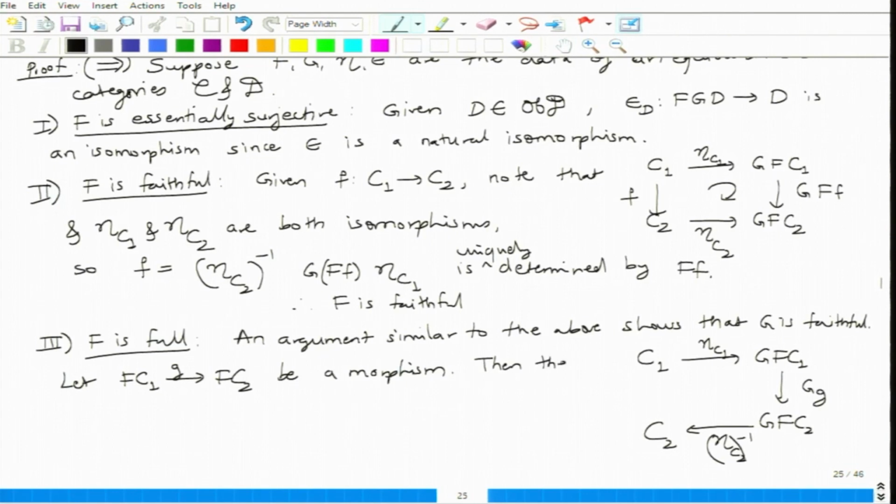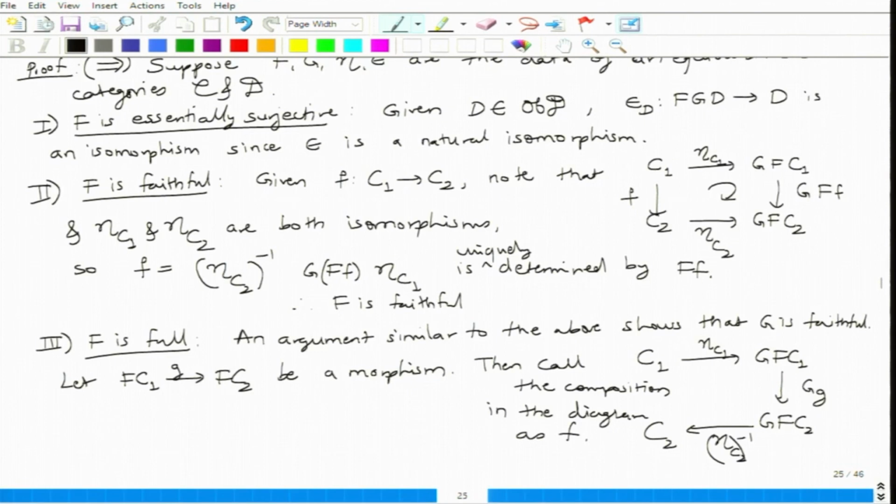Then call this composition in the diagram f, because this is a map starting from C1 and ending at C2. So that's your f.